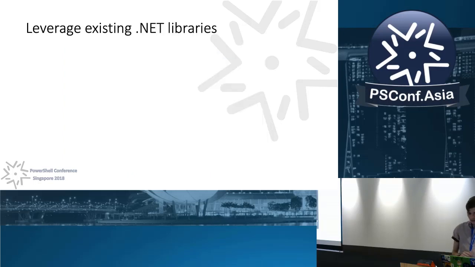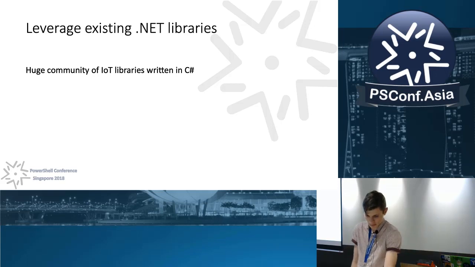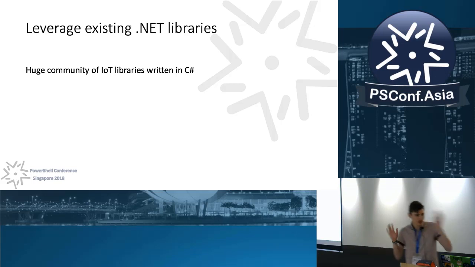But there's actually a ton of existing .NET libraries out in the wild already, written in C#, that were used for miscellaneous things, like interacting with touch sensors or LCD screens or whatever complexities you want. They're very specific to a piece of hardware. And they were written in C# for use with Mono and projects like this.